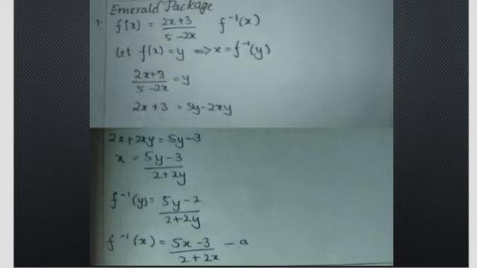Then 2x plus 2xy, how it came: if we transpose it this side it will become plus, and 3 that side means it will become minus. Then if we divide it, x is equal to 5y minus 3 by 2 plus 2y, because y we took as common, and f of y is equal to 5y minus 2 plus, then the answer will be option A.